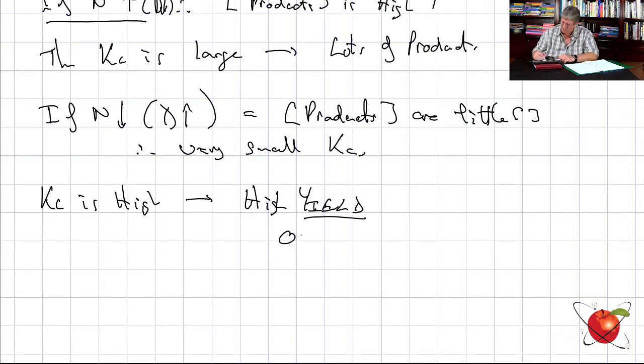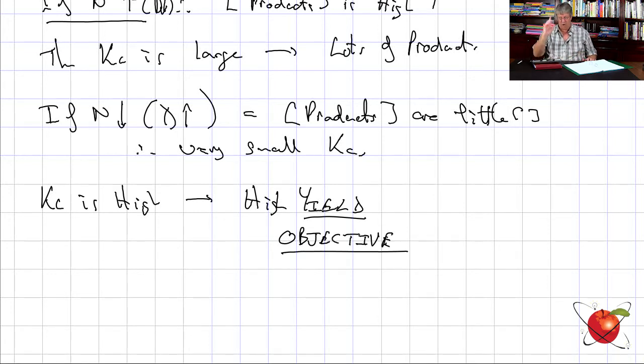And the high yield is actually the objective. Okay, controlled. But you want a high yield. Because why? Because it's product. That's what you're trying to make, isn't it? The objective of doing the experiment or the process is to get the product out at the end.